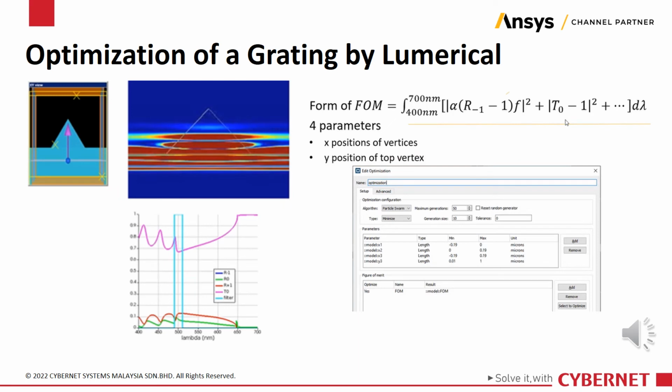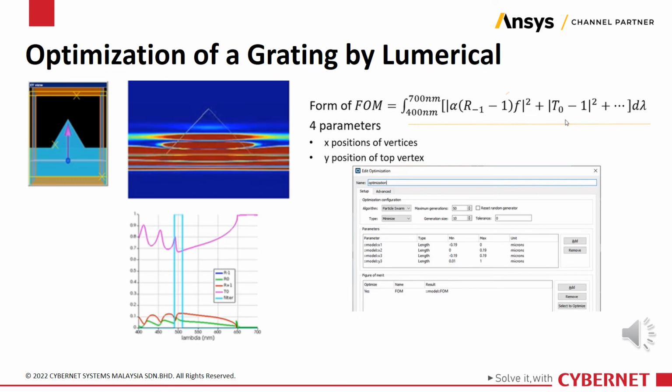The angle between the diffraction orders is determined by the wavelength and the period of the structure. The energy distribution of each order is related to the shape of the grating element. Therefore, to optimize efficiency, the shape must be parameterized, such as by vertex coordinates.